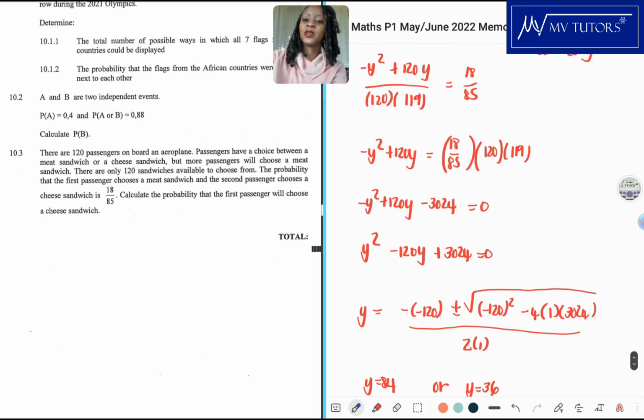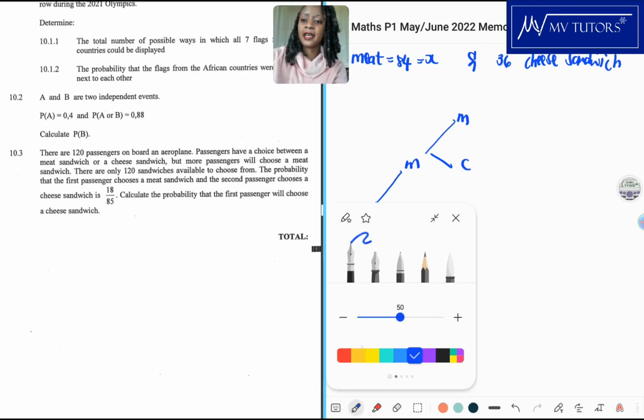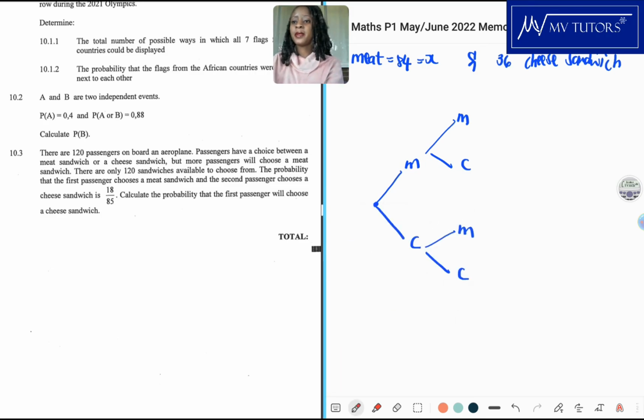If we have a look again at our tree diagram, the first might choose meat, the second might choose cheese. We're not looking at that now. We are very interested in the path where the first passenger chooses cheese.